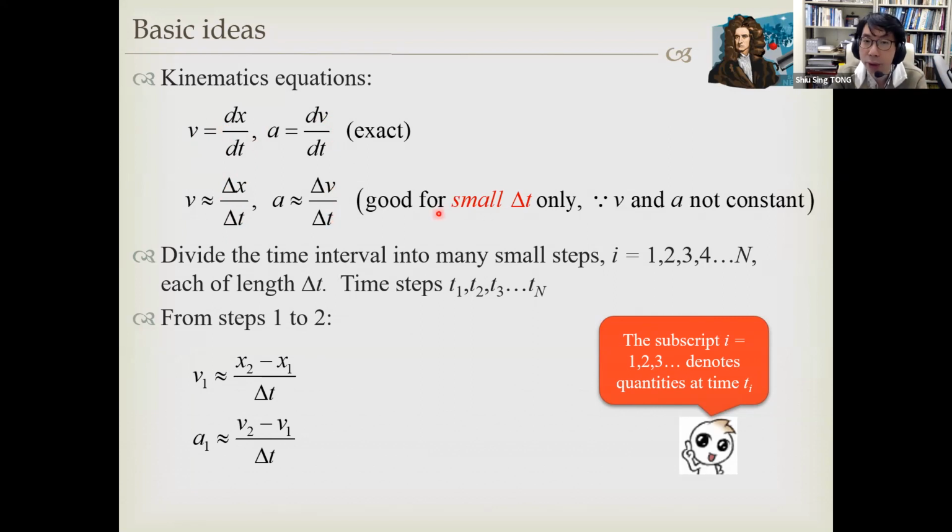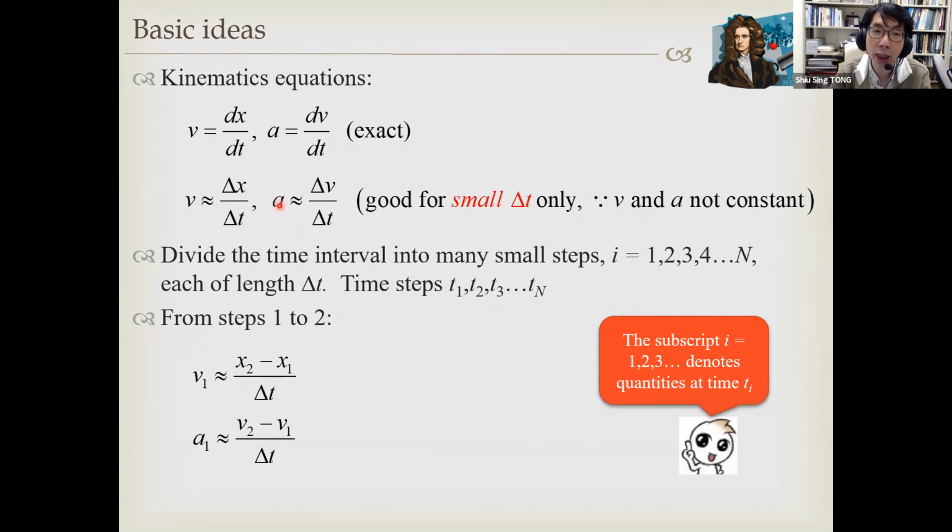This approximation is good, provided that delta t is sufficiently small. Now, how small is sufficiently small? We will come to this problem later. It turns out that if delta t is much smaller than the typical time scale of variation of the problem, then we regard delta t to be sufficiently small. In this limit, these are good approximations.